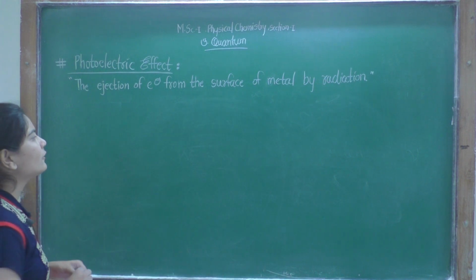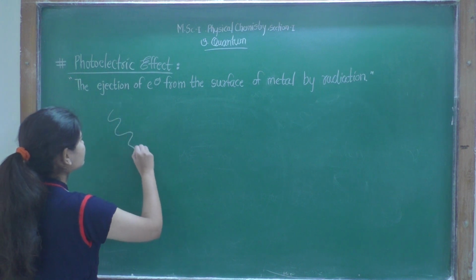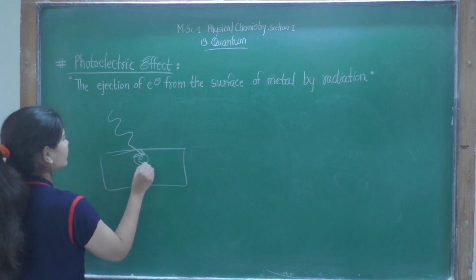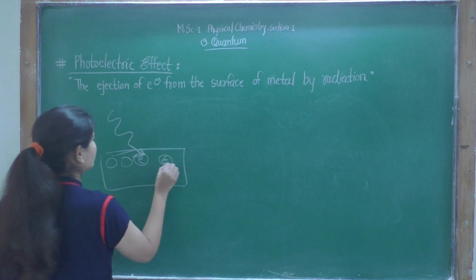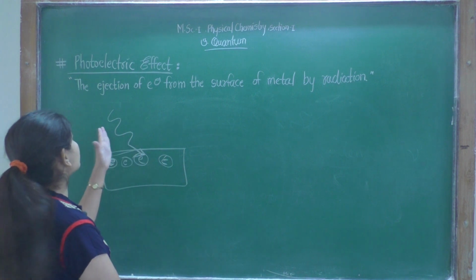Now, what he said: when the radiation is incident on the metal surface, here is an electron. The radiation has some energy.